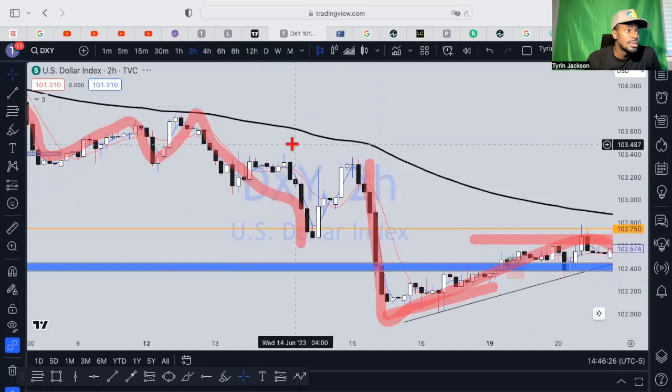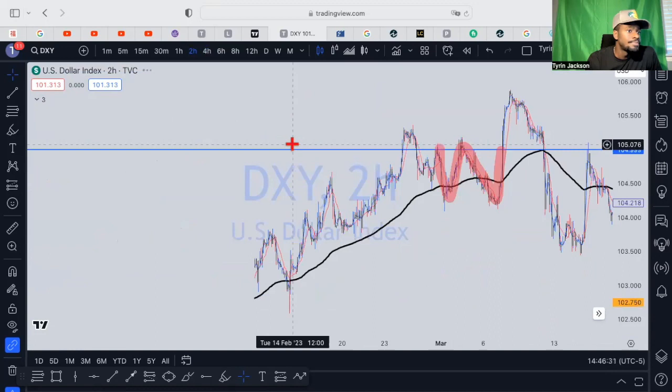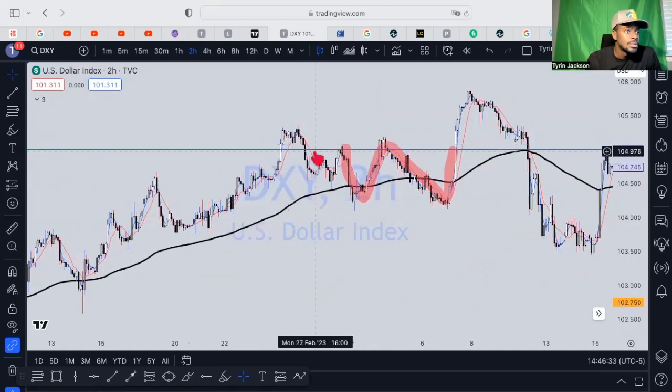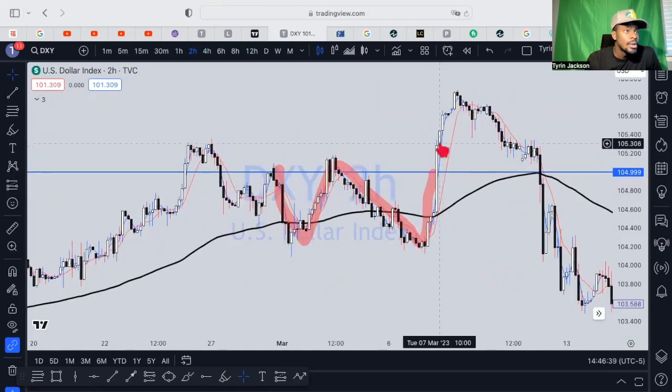Because if we're making our entry on the 2-hour, you could see that price broke through and was in a rally of strength. So once that candle closes, we had another one or two candles to enter on.